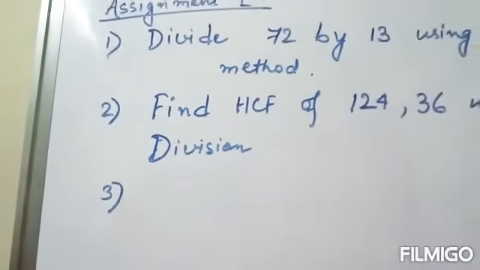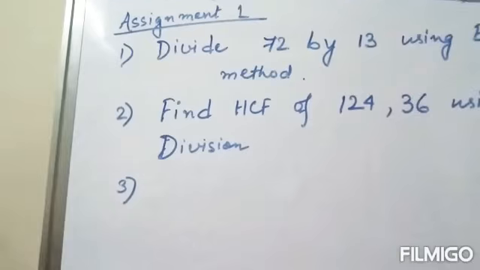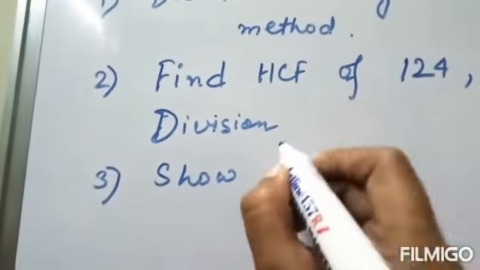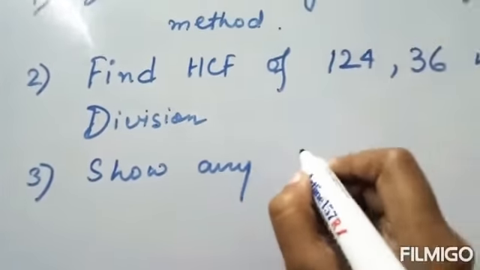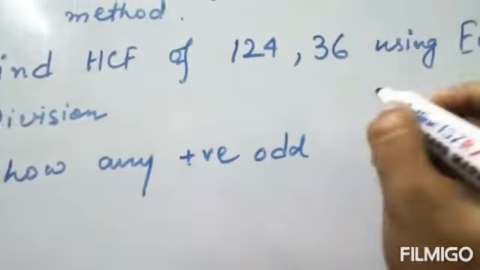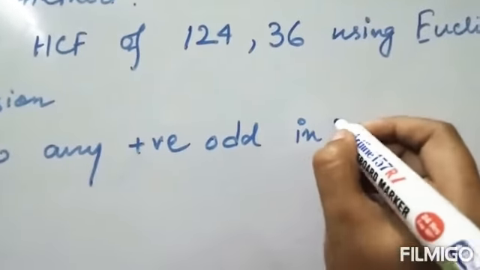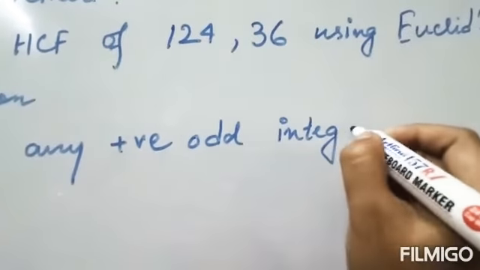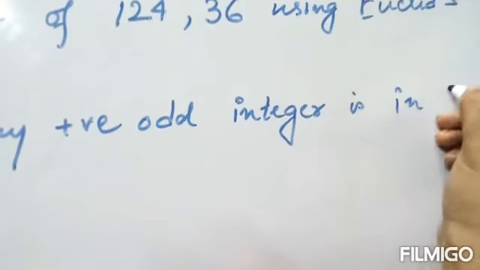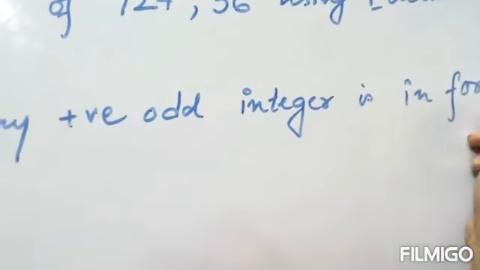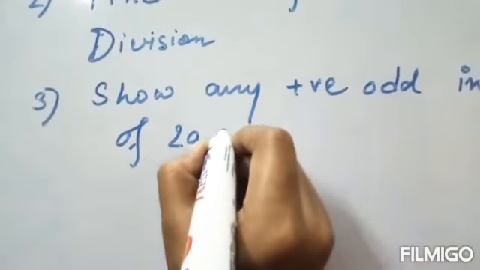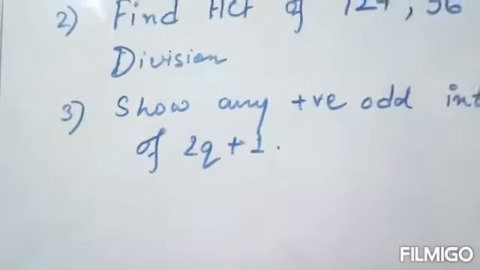Third one, show any positive odd integer is in the form of 2q plus 1, where q is some integer.